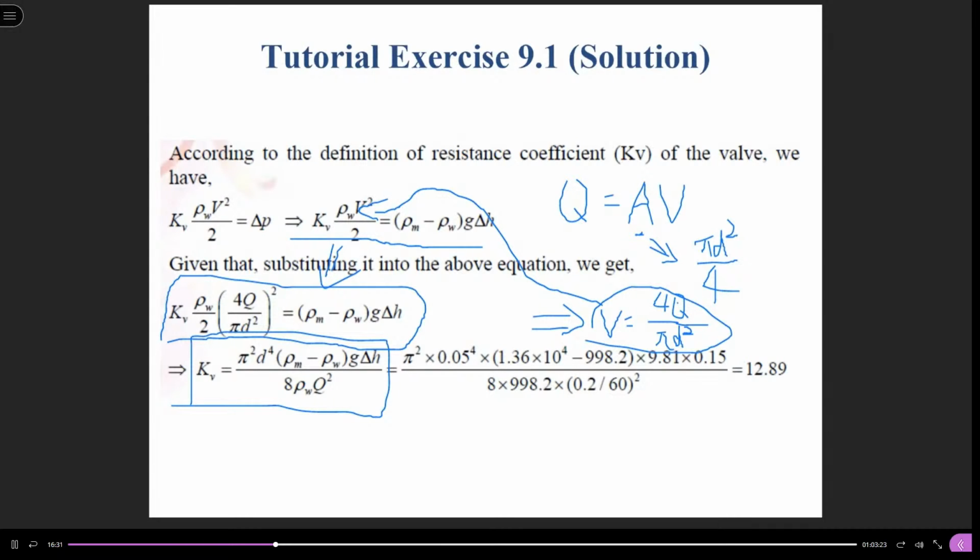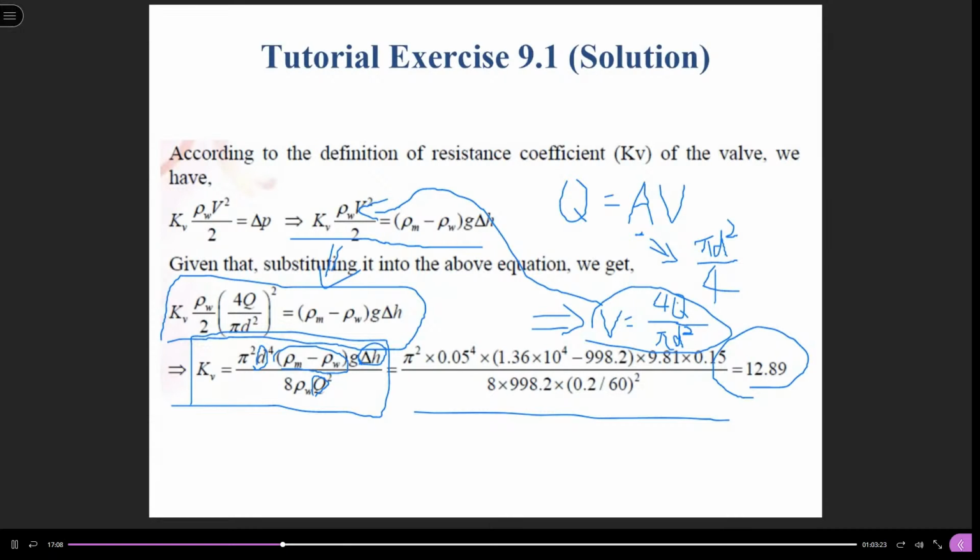All variables in this equation are known. This is the diameter of the pipe and the density of water and the mercury and the pressure drop. This is the gravity. And this is the flow rate, right? So the resistance coefficient of the valve can be determined, which is equal to 12.89.